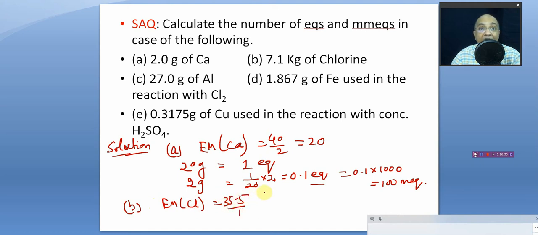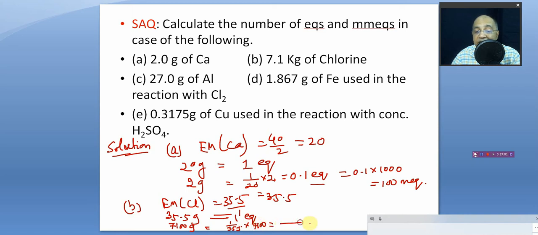Don't take 71 and then by 2, same thing. So 35.5. If 35.5 gram is equal to 1 equivalent, then 7,100 gram will be equal to 1 by 35.5 into 7,100.